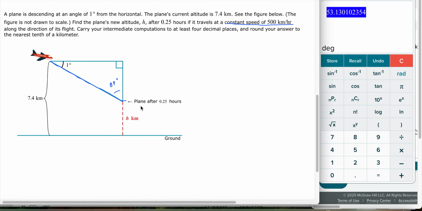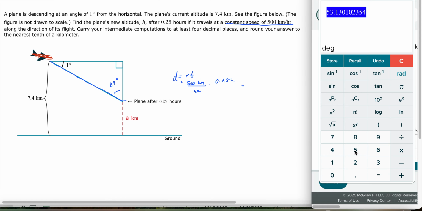We can find the length of that line because we know distance is equal to rate times time. We have the rate of 500 kilometers per hour, and we have the time of 0.25 hours. So we multiply that together. 500 times 0.25.